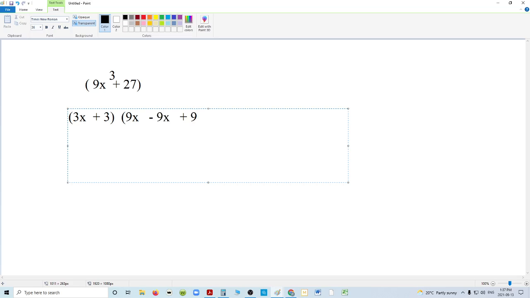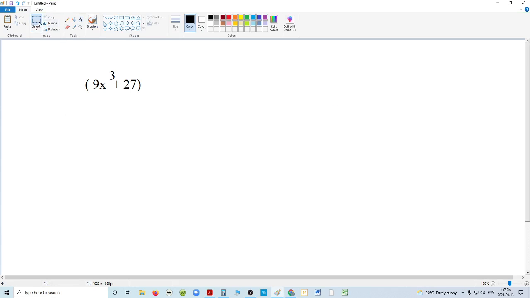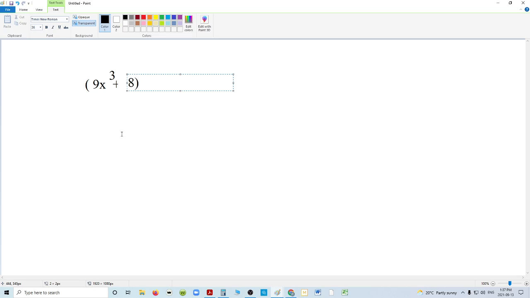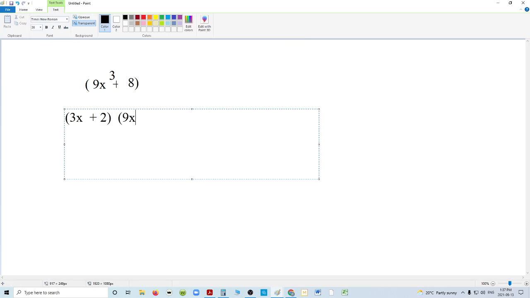I probably chose bad numbers. Let's choose, instead of 27, let's choose 8. That way you can see a difference in the numbers. Plus 8. So if we know how to do this by the book, we know we're going to be left with 3x plus 2. And we're going to have 9x squared minus 6x plus 4.